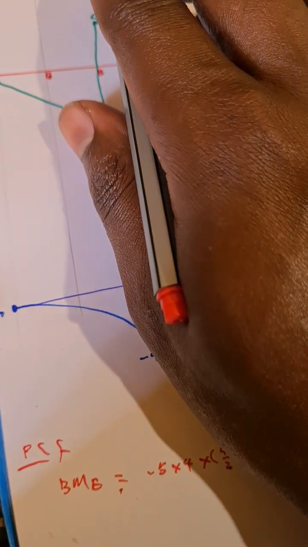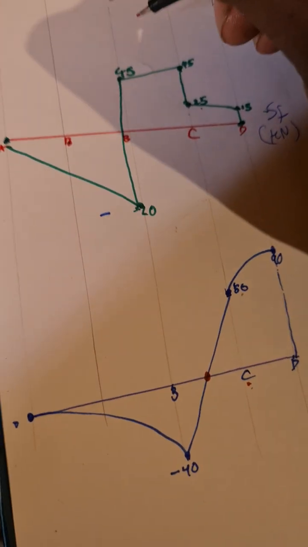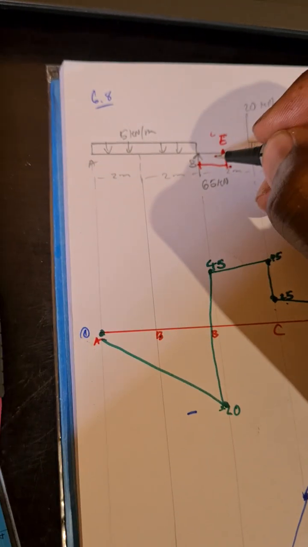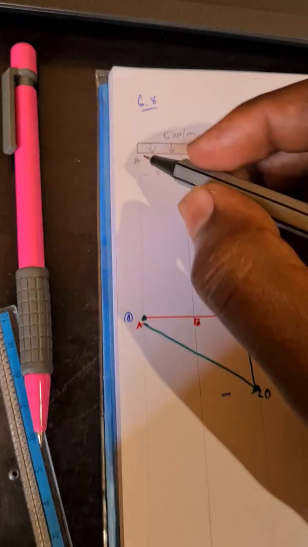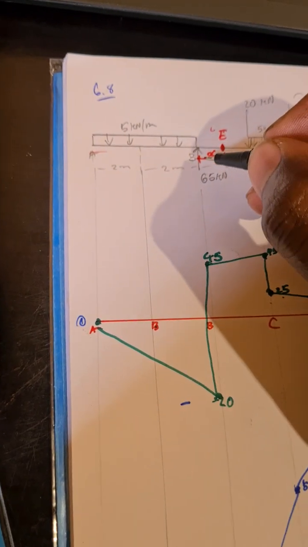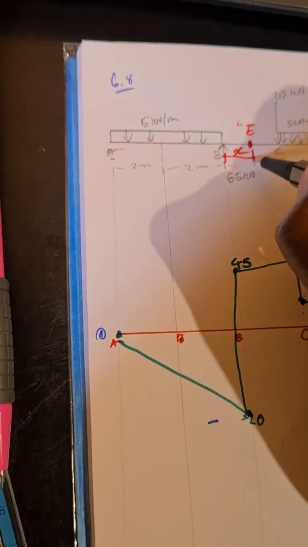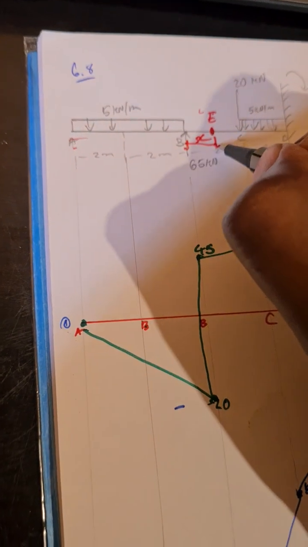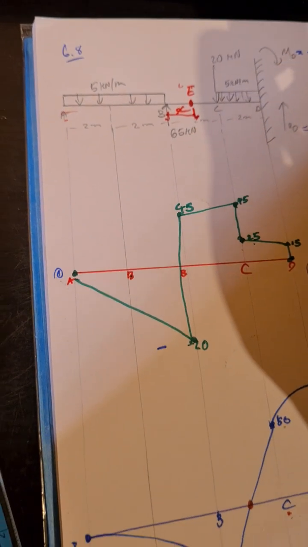Because now we are going to E, we don't know this distance. Yeah, we don't know this distance from B to E, so we can call it X, right? Not the whole distance, the distance from here to here. Don't say from here to here it's X. You are making your life hard. Just say from B to E is X, right?